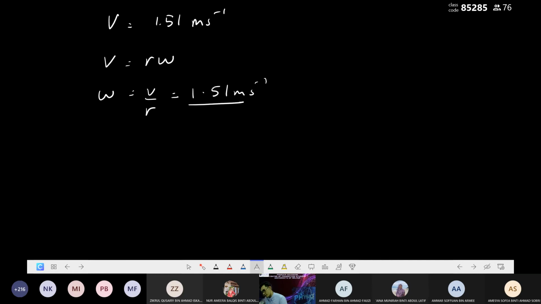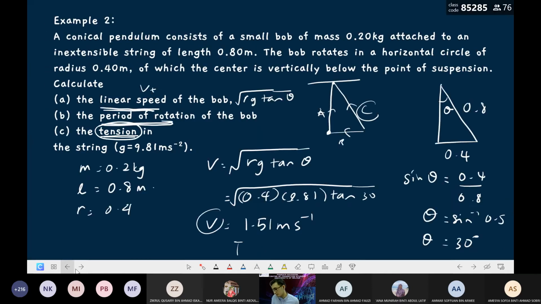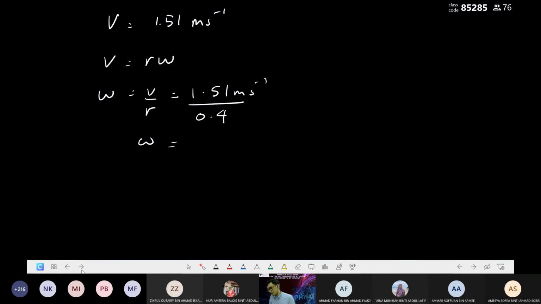Radius is 0.4 tadi. So kita boleh dapat omega. Berapa omega dia, the angular velocity? 1.51 divided by 0.4, 3.775. Ya. Unit is radian per second kan?